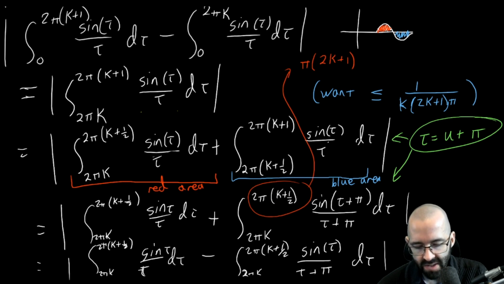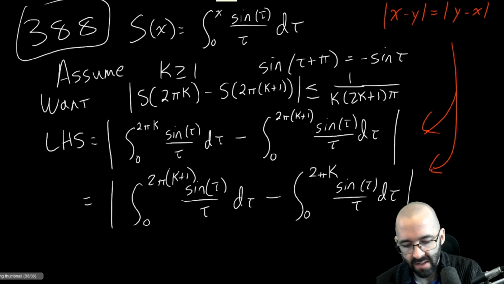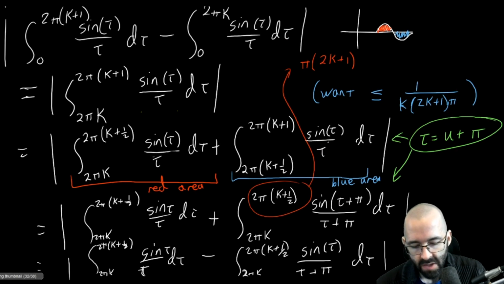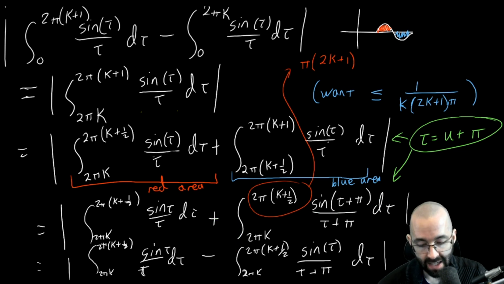And then once we notice that, we can use the property that the book gave us, this hint right here, because we indeed do have the sine of t plus pi. So this sine of t plus pi just becomes negative sine, which changes this positive into a negative.